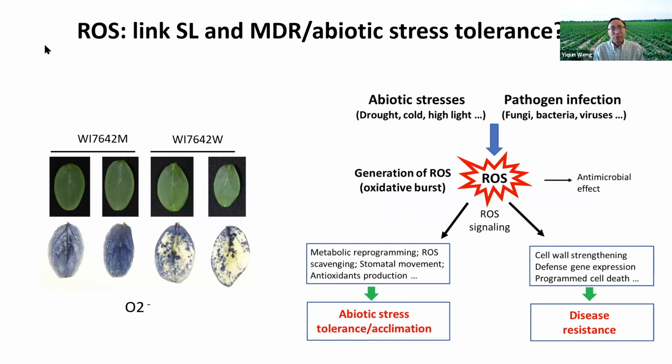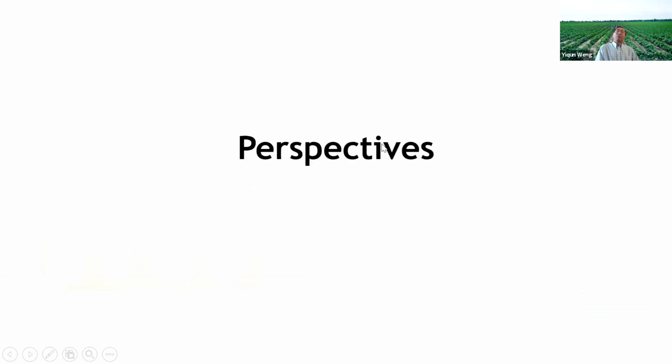So this mutation may be related with ROS production, which may also increase the ROS signaling for both abiotic stress tolerance and biotic stress resistances. We probably need more evidence. That's our hypothesis. So that's all I have for the 3 examples.